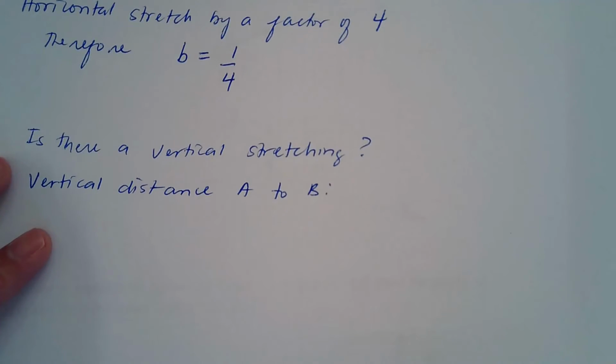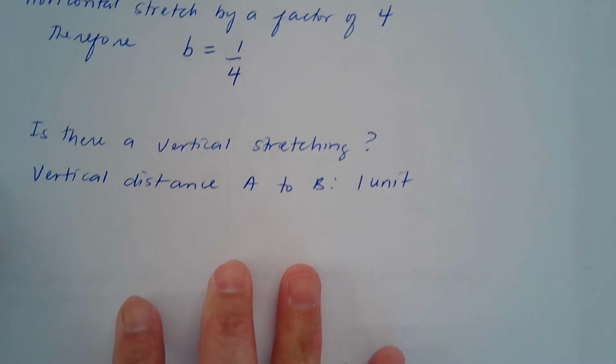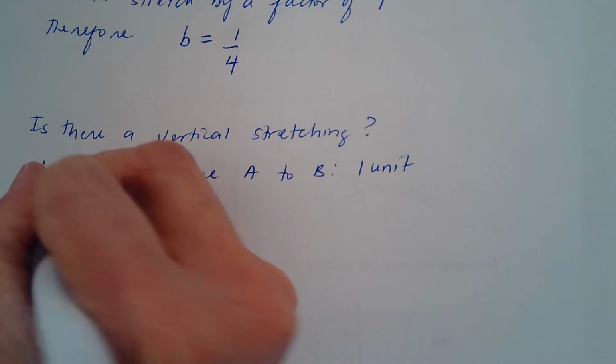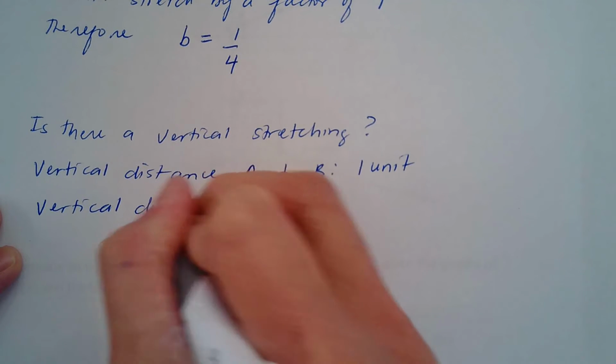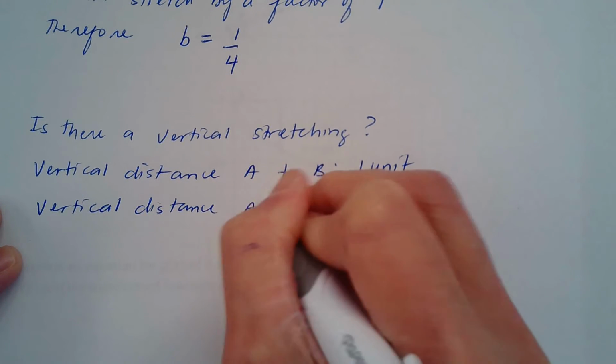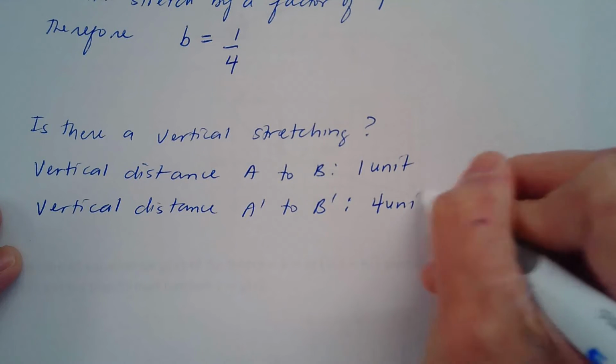So the vertical distance from A to B is 1 unit, and the vertical distance from A prime to B prime is 4 units.